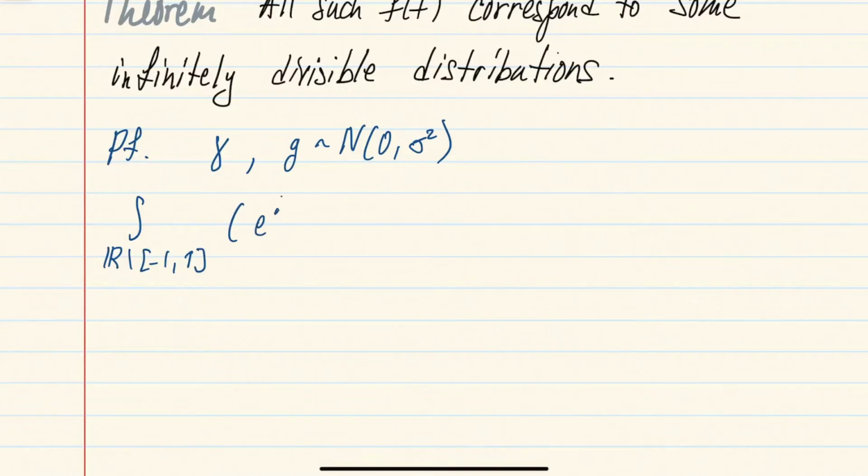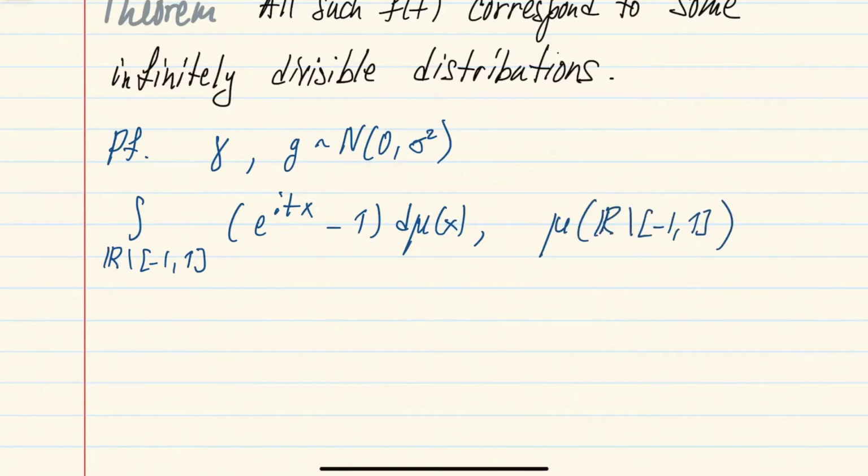of e to the itx minus 1. So the indicator disappears. And also, by our assumption, the measure mu on this complement is a finite measure, right? Because we truncate at 1, so outside of that interval we just integrate 1. And of course we have already seen what this corresponds to by Campbell's theorem.